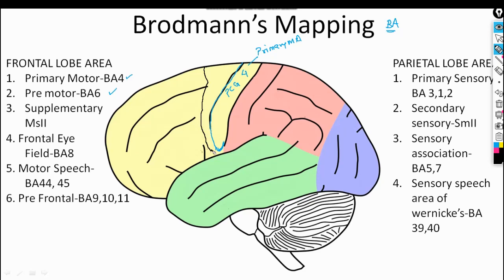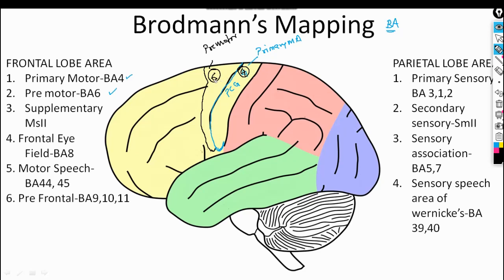Clear? This is the premotor area, Brodmann's area number 6, and this one is 4.